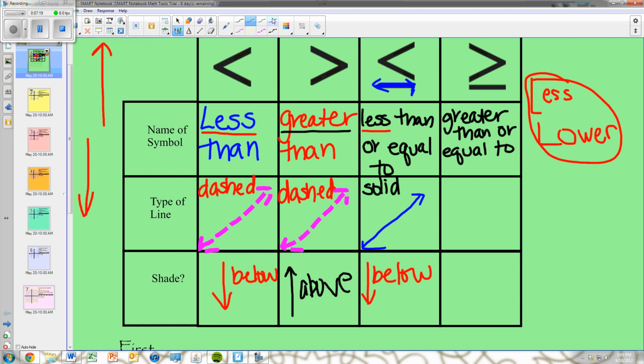And just like in this one over here, because there is a solid line underneath it, that tells us our graph is also going to have a solid line.